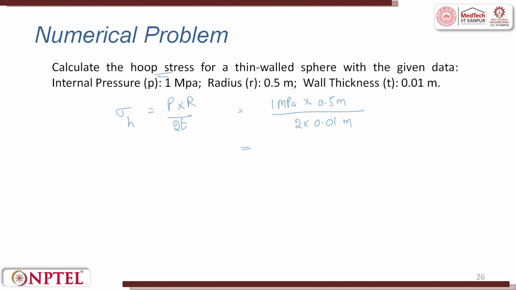Simplifying, we get 50 MPa divided by 2, which is nothing but 25 MPa. So, the hoop stress will be equal to 25 MPa.